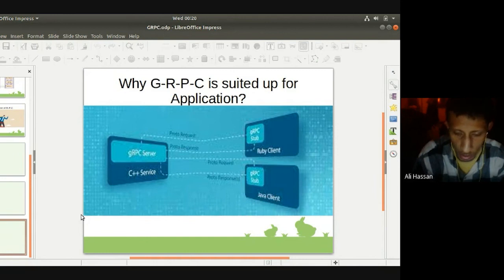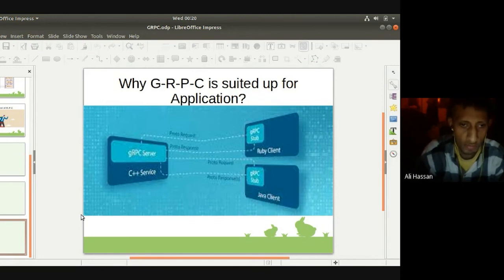It reduces our complexity. It can be any language: either the server has the same language or a different language, or the client has the same or a different language. We can communicate over and over because of gRPC.